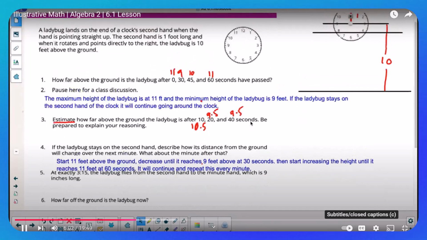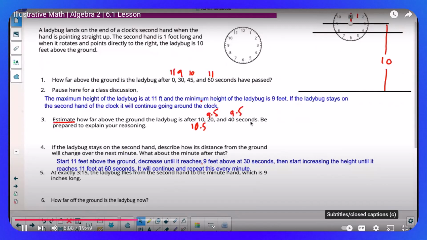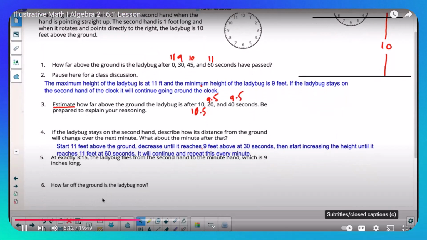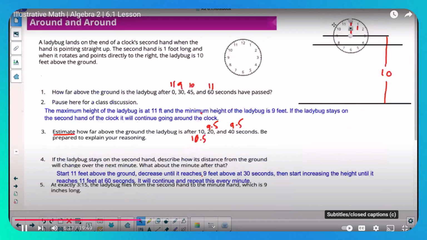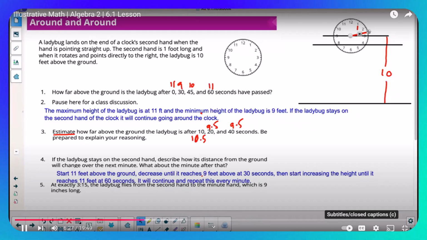All right, at exactly 3:15, the ladybug flies from the second hand to the minute hand, which is 9 inches long. How far off the ground is the ladybug now? So at exactly 3:15, the ladybug flies from the second hand to the minute hand.